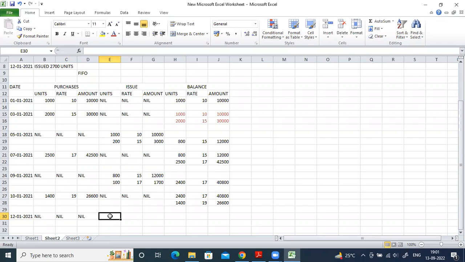First you should know how much stock we have. What is the total stock in your godown? Two stocks are there: one box of 2,400 units and another box of 1,400 units. On 12th January, you issued 2,700 units. So how do we issue?